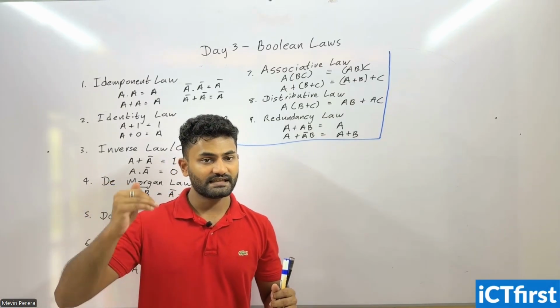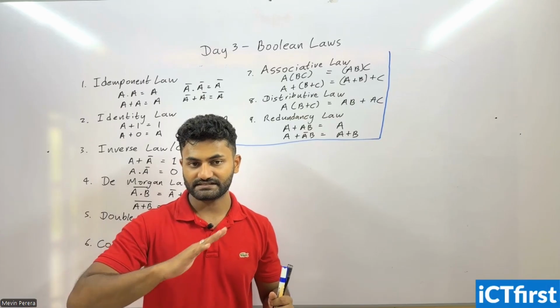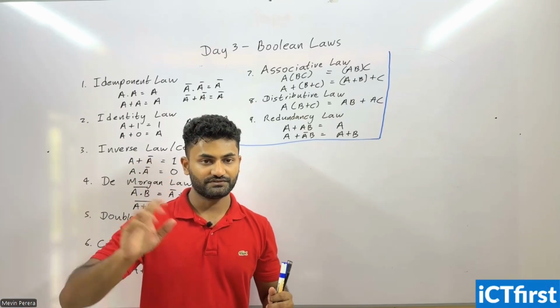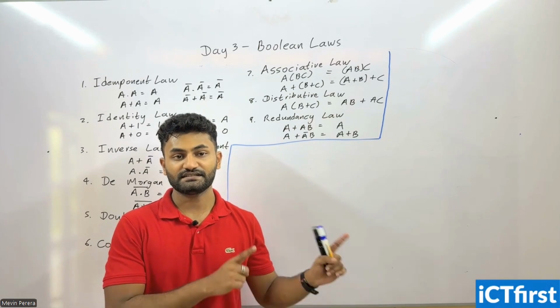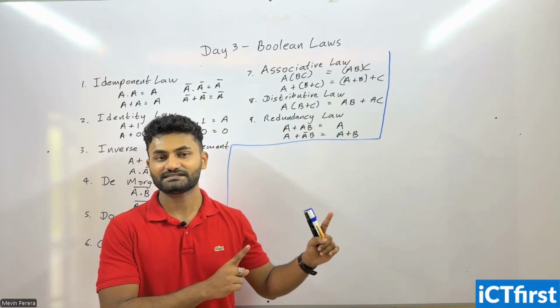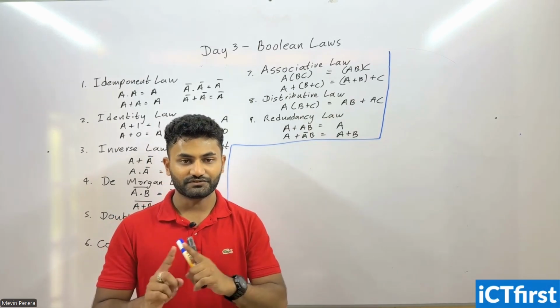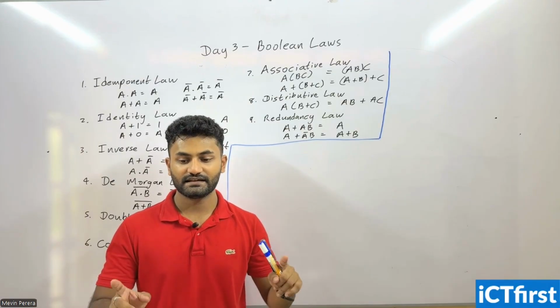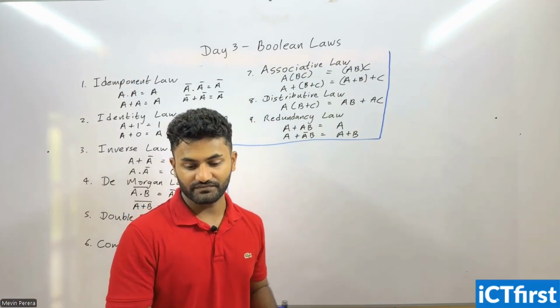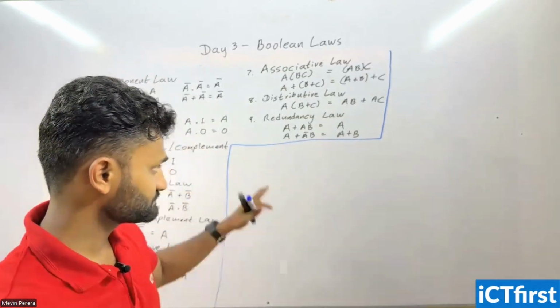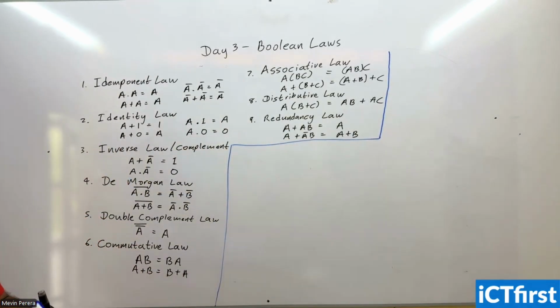But sometimes they haven't mentioned anything. They have just asked to solve it using Boolean laws, but still they have given marks in the marking scheme. So if it is not specified in the question and the student doesn't do it, the student will lose marks in this particular Boolean question.